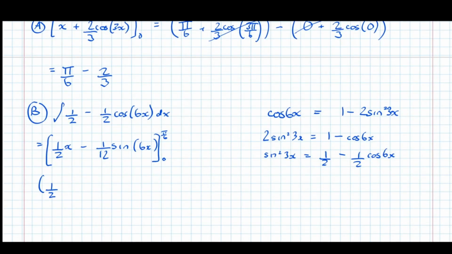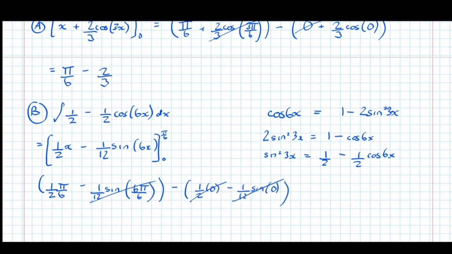So we get a half of pi over 6 minus a 1/12 sine of 6 pi over 6, and sine of pi is 0, minus a half of 0 minus a 1/12 of sine of 0.